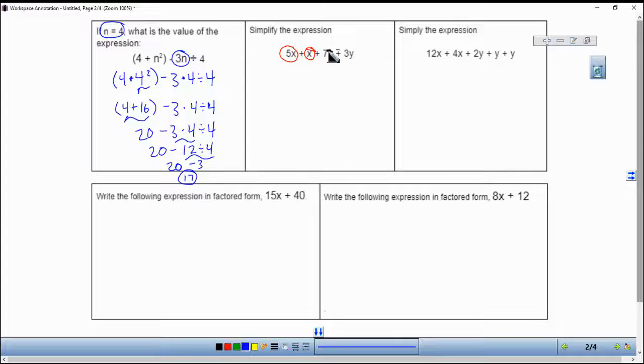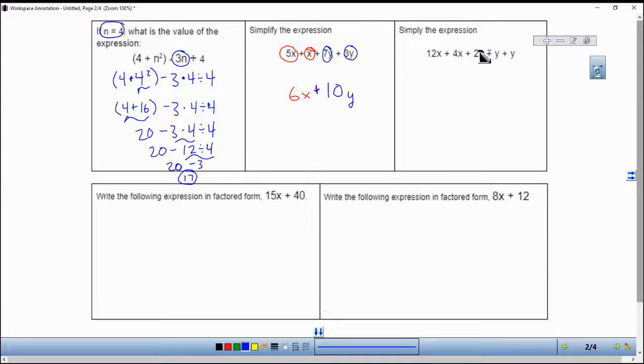I'm going to circle the y's in blue. We can combine the x's. 5x's plus another x is 6x's, plus 7y's and 3y's would be 10y's. So that's a plus sign there. So that's the simplified version of that expression. Has the same value, just combining like terms.